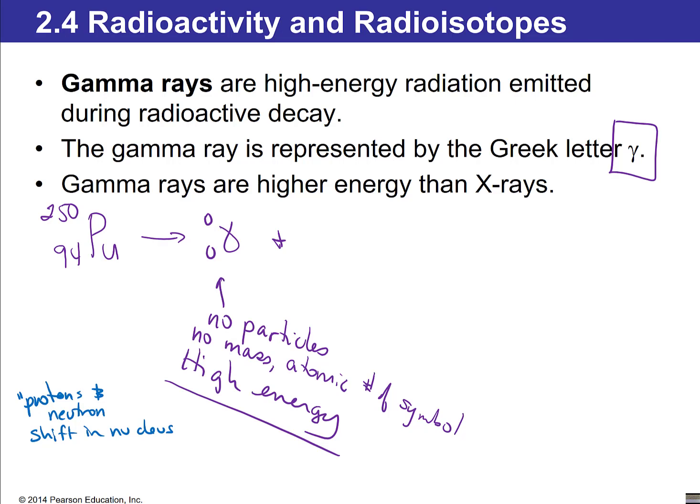Nothing breaks down, nothing gets shot out, but there's energy released. This shifting causes energy to be released. So there's no particles kicked out, there's no mass change, there's no atomic number change. So if the atomic number doesn't change, the symbol doesn't change either. So what you start with and what you end with really is exactly the same.